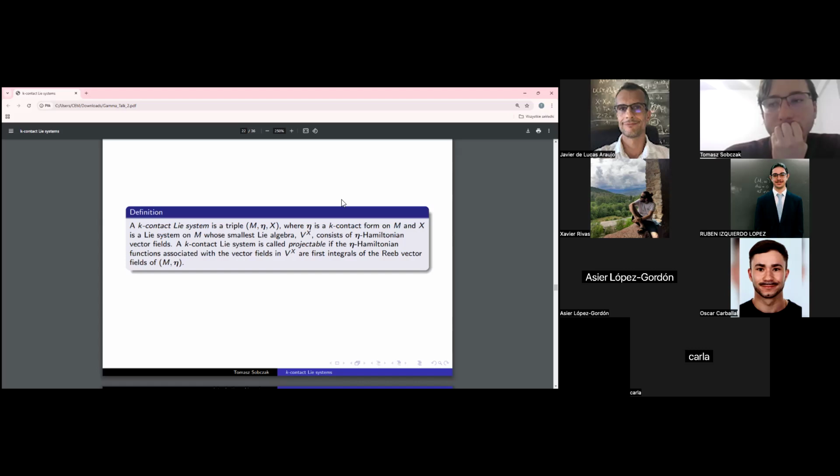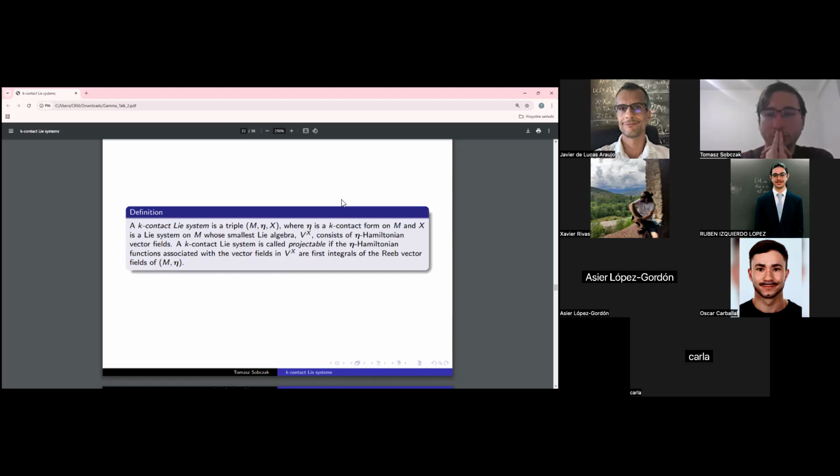Also, the description of K-contact Hamiltonian vector fields and functions that Tomasz left in this talk leads to describing dissipative K-contact Hamiltonian vector fields. And it turns out that there is a relation very similar to the one done by Assier in his PhD dissertation.